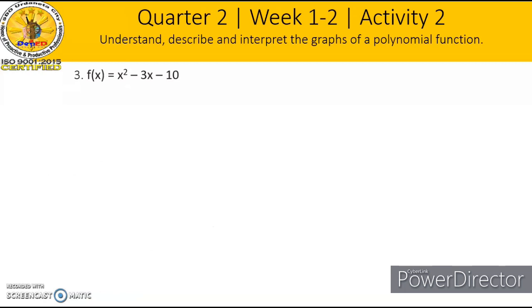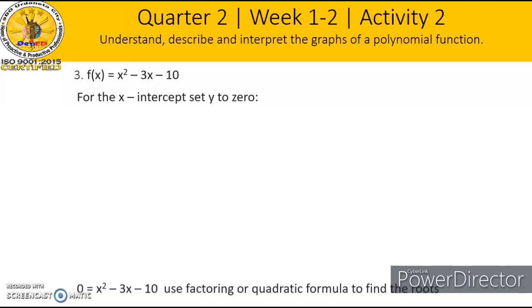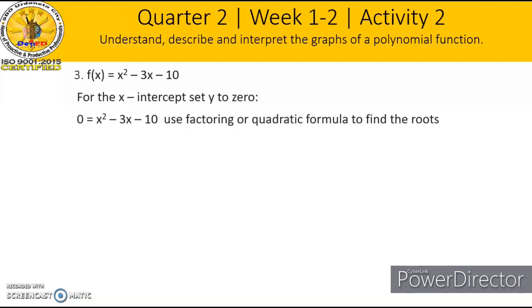Third example, if we have the function f(x) is equal to a quadratic, x squared minus 3x minus 10. For the x-intercept, again, set y to 0. So you can use factoring or the quadratic formula to find the roots.